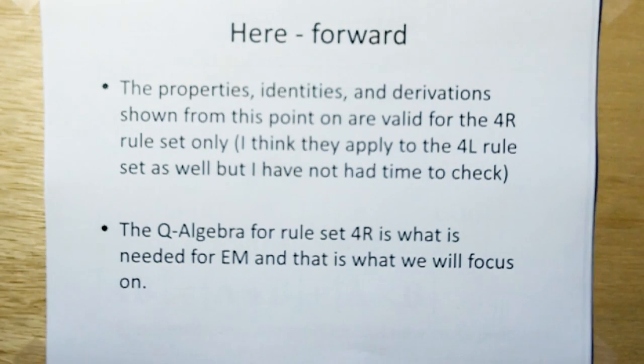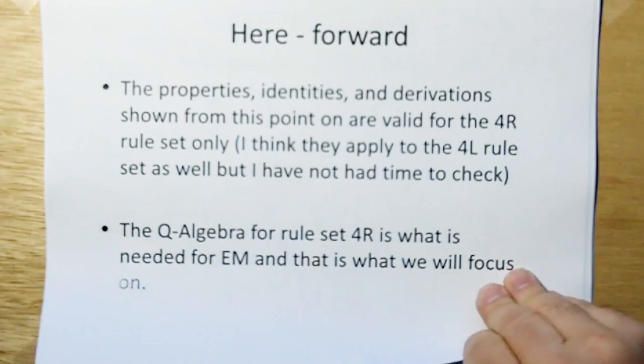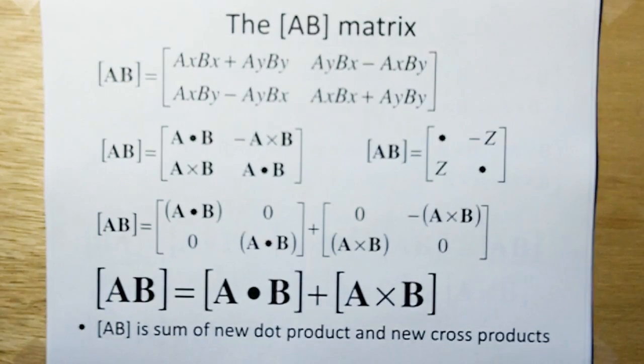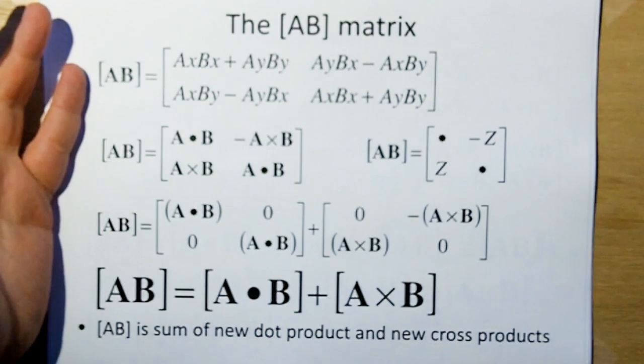All right, from here on forward, the properties, identities, and derivations shown from this point are valid for the 4R rule set only. I'm pretty sure they apply to the 4L rule set, but I have not had time to check. Okay, so the Q-algebra for rule set 4 is what is needed for Ethereal Mechanics, and that's what we will focus on. So let's go look at the AB matrix in a little bit more detail. Remember, we developed the AB matrix, I believe, 2 videos ago.